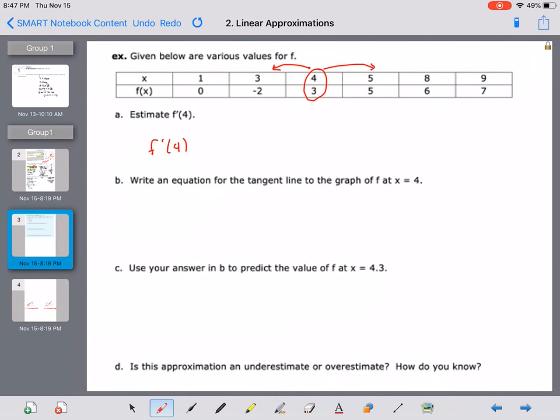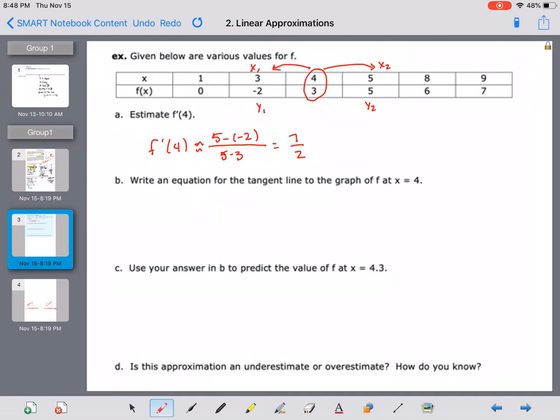So I'm going to choose 5 minus negative 2. Sorry, this is an approximation. 5 minus negative 2, our y2 minus y1, over x2 minus x1. So going back just to that basic algebra idea of slope. So 5 minus 3. We do that calculation and we get 7 over 2. So that's an approximation for our derivative at 4. That's the best we can do when we don't have a function.